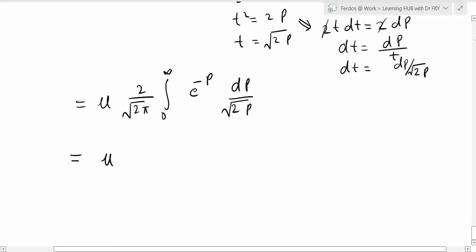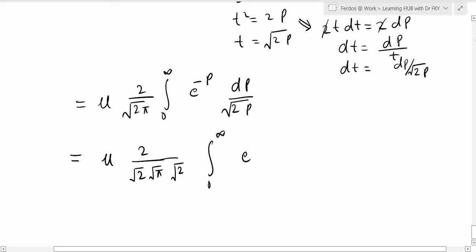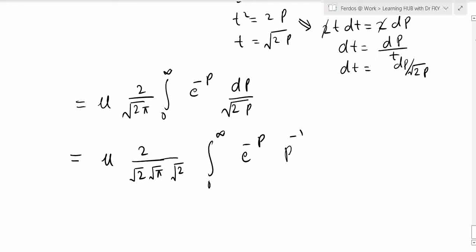We can write this separately, and write the 2 outside: 0 to infinity e power minus p, and now p power minus 1 divided by 2 dp.